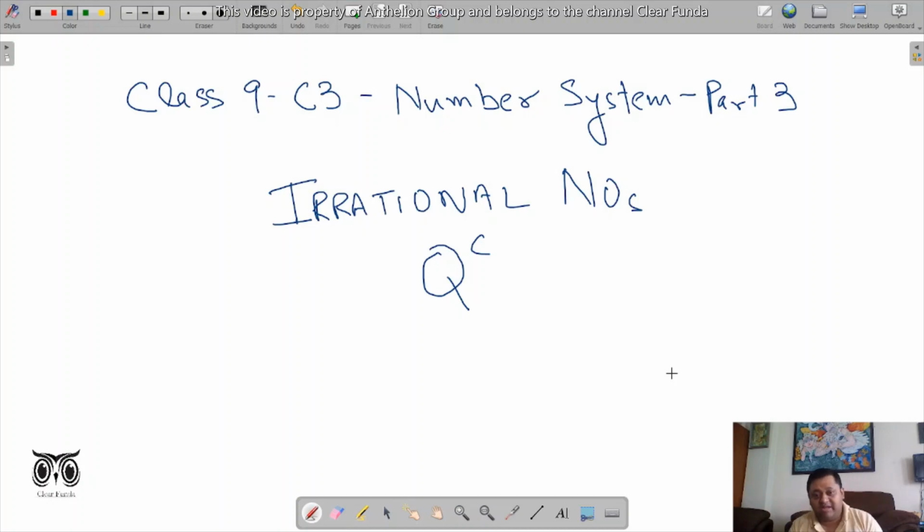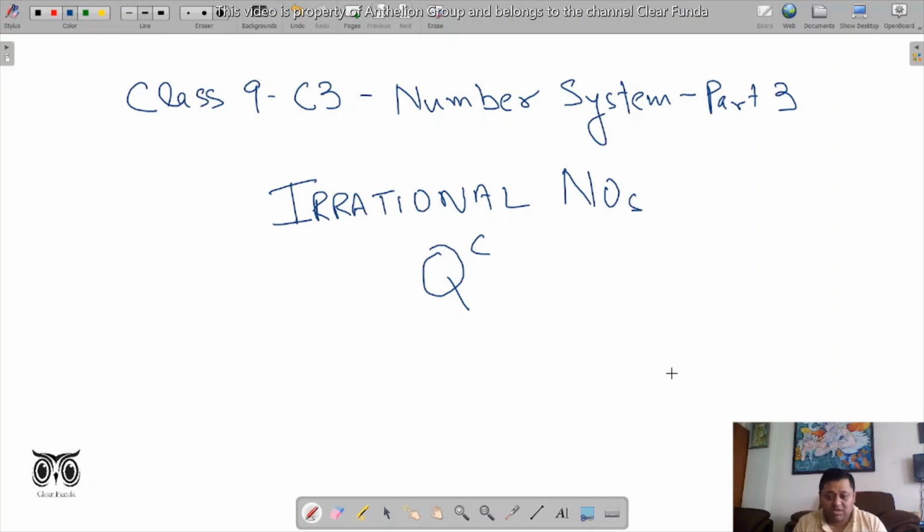So anything that can be represented as a terminating decimal or a non-terminating repeating decimal is a rational number. And we have learned some of its properties. We have learned how to convert from decimal form to p by q form, and again from p by q form to decimal form. We have seen this.